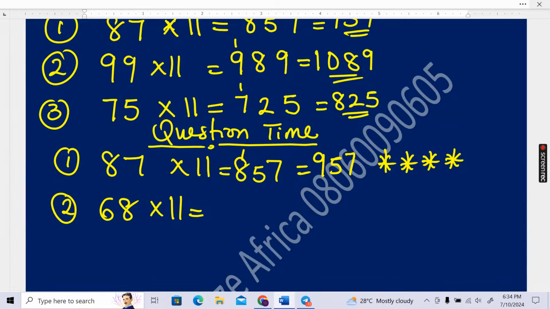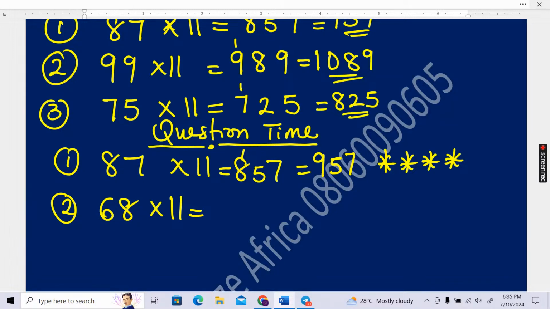Okay, that's amazing. I can see lots of correct answers and few wrong answers. So many of us have been able to develop the skill of multiplying any two-digit number by 11 in our head, right?